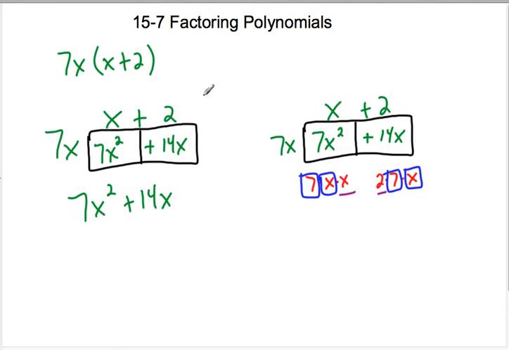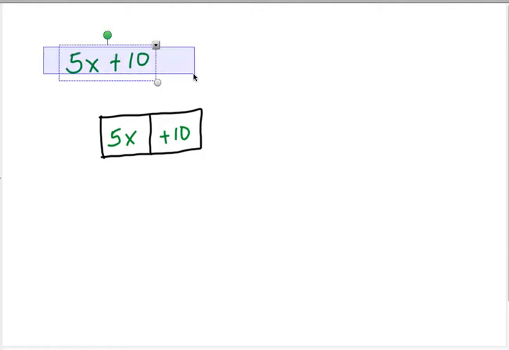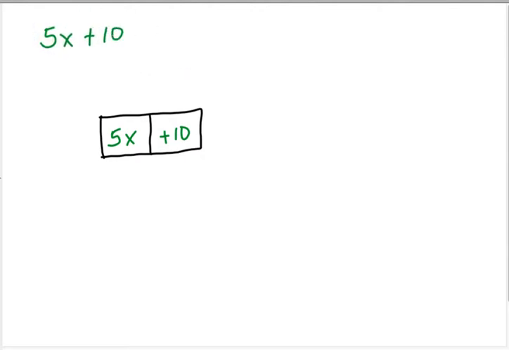So let's try it again. 5x plus 10. This one's not too bad. So if you were to put this in a box, let's try that again. I'll make my box, and I'll put 5x plus 10 in it. And we need to figure out what goes on the outside. So I'm going to get my factors here.